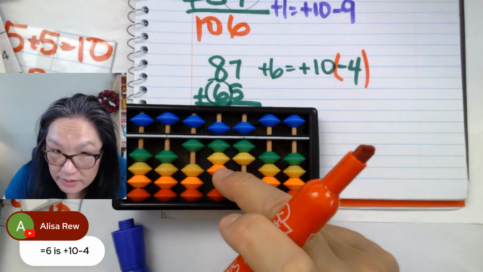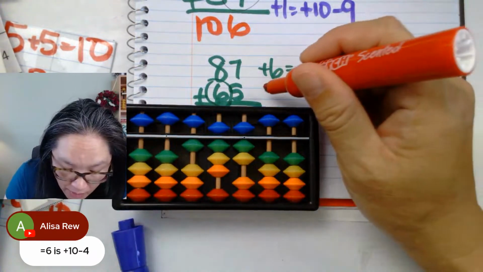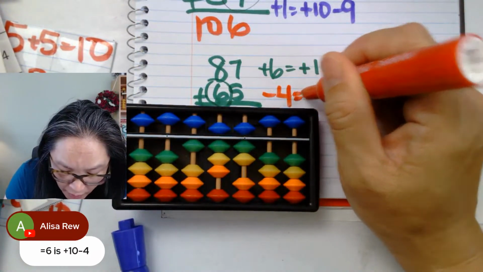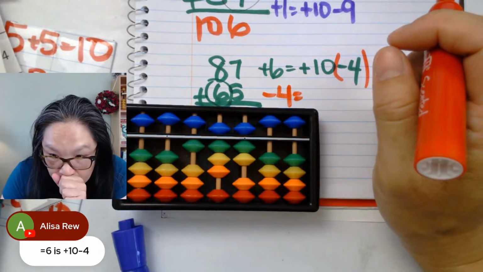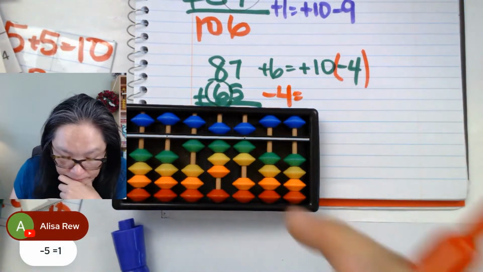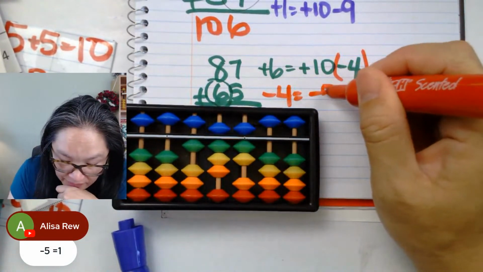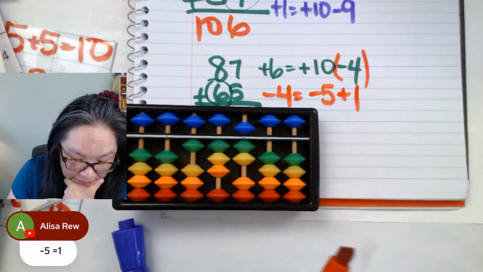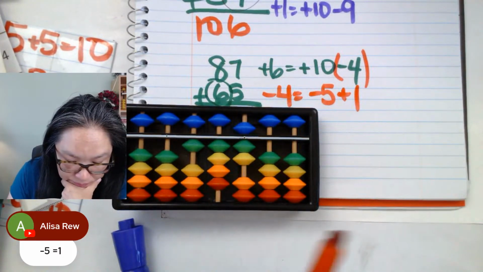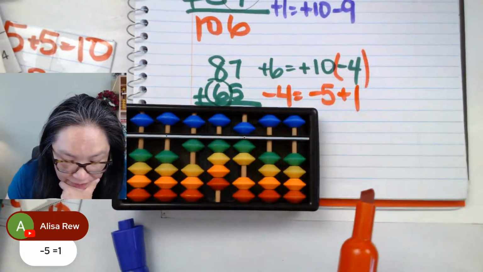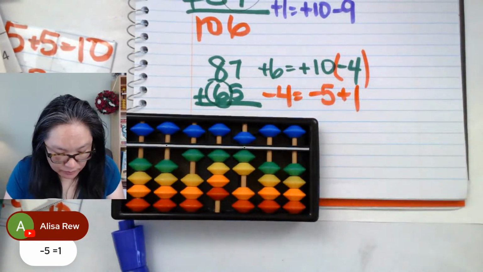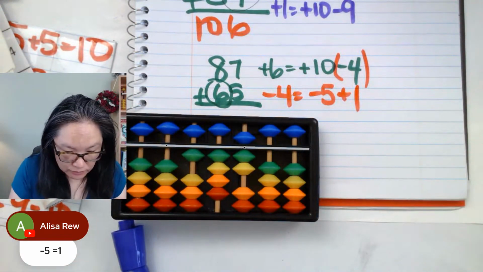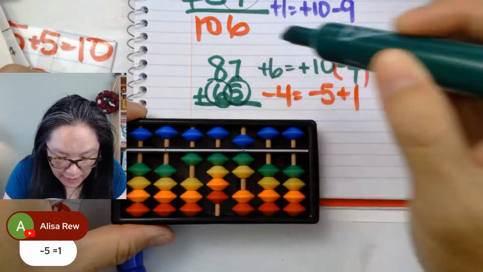So our next step is minus 4. Yes, minus 5 plus 1. Exactly. Minus the 5 plus the 1. And then we have to plus the 5. Now we're here. Add the 5.